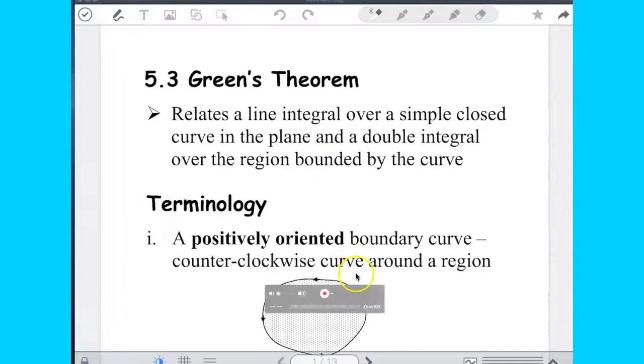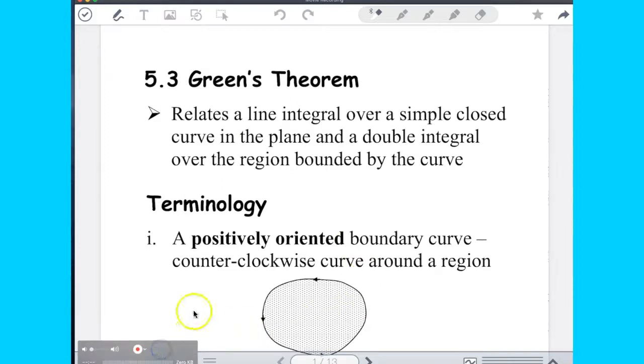Okay, so the next interesting part in line integrals, after knowing about the conservative vector field and its special properties, is one theorem that is very helpful to simplify your work.